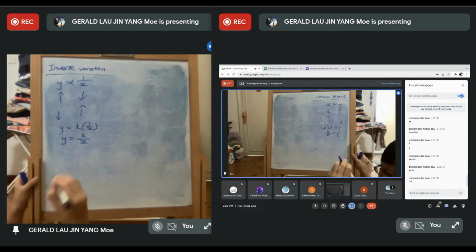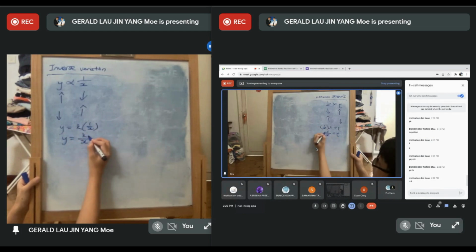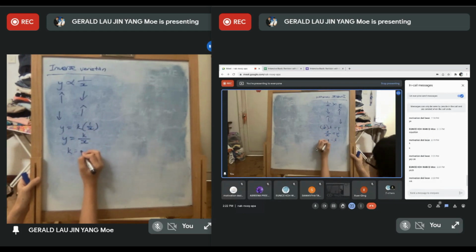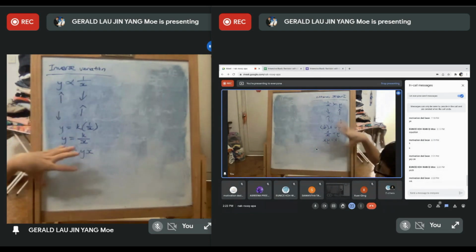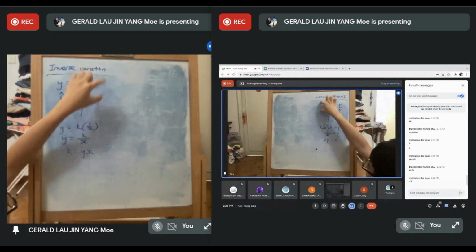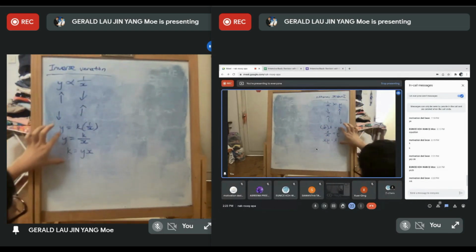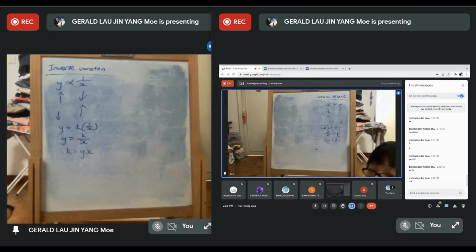Understand? How to find a constant? Now you see the k is over here. So k equals y times x. This is just inverse variation. So the most important thing, you write the variation form, then you write the equation form and then find the constant. Okay? Very easy, right?